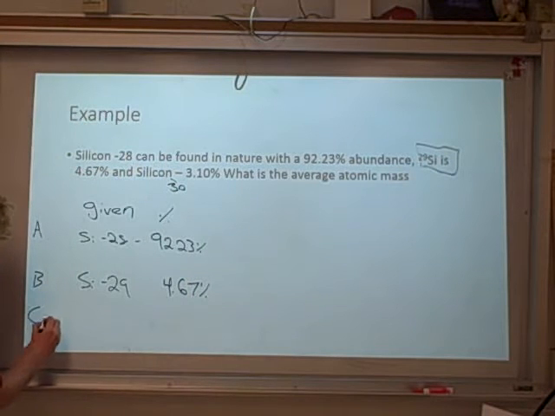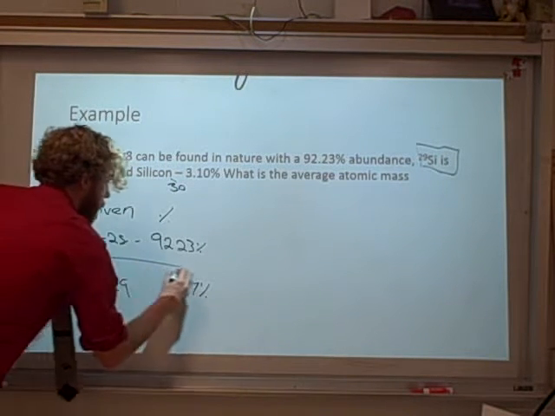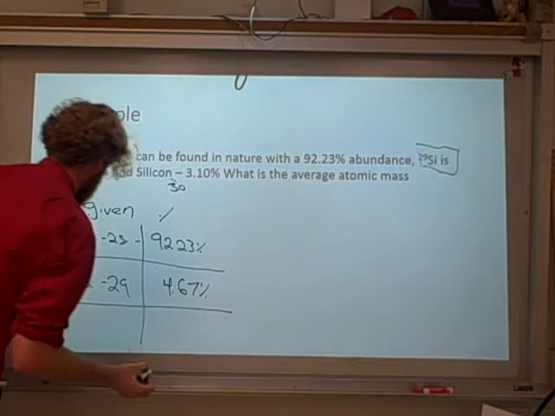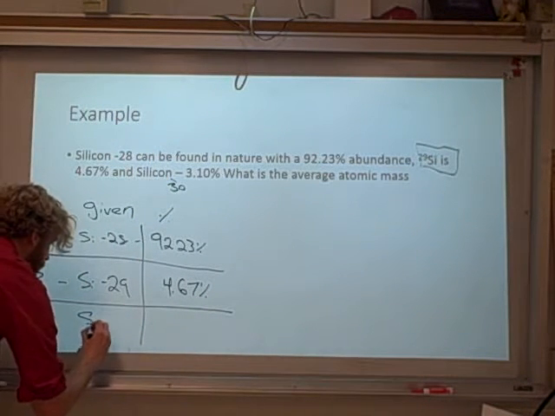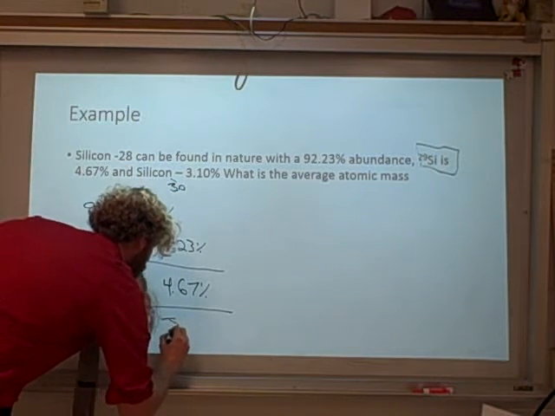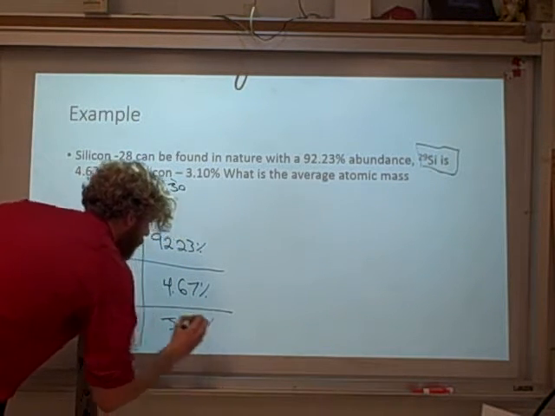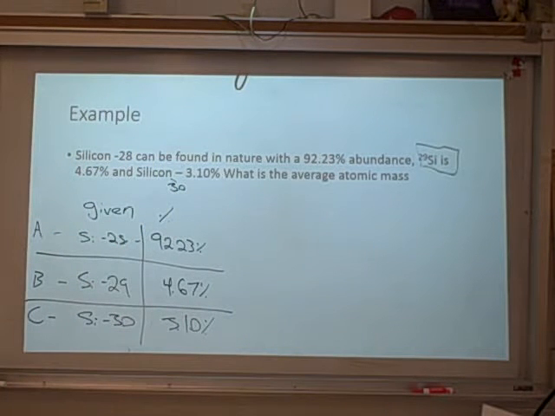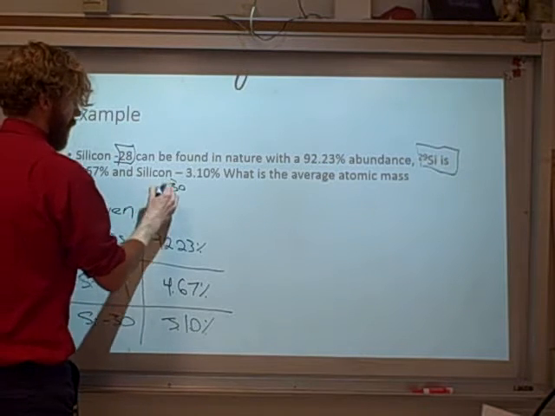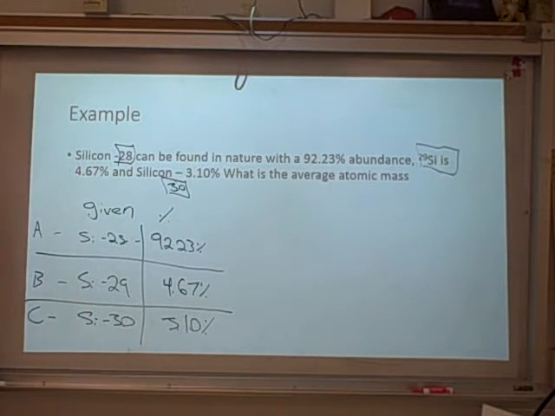And our last one, C, make a little chart. C is Si-30, and the percentage is 3.10%. So what we're given here with these numbers, and my 30 that I left out, this is the mass.